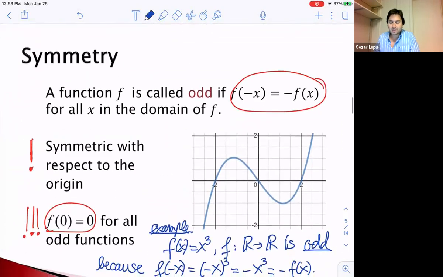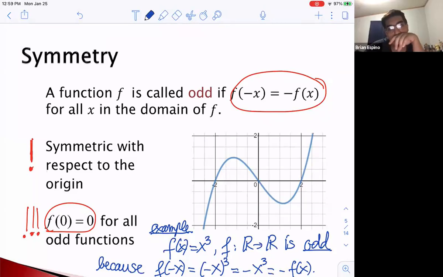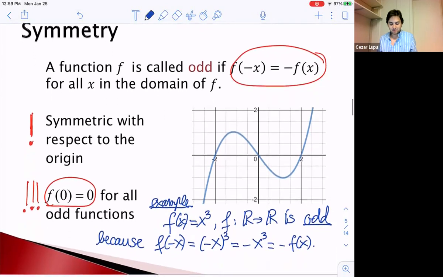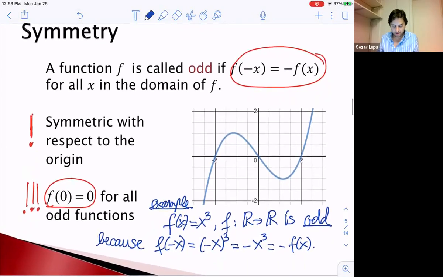But now, is there a function that is neither of them? Neither odd or even? What do you think? Yes, there are, right? So there are functions, and we'll see an example. So let me write somewhere here.